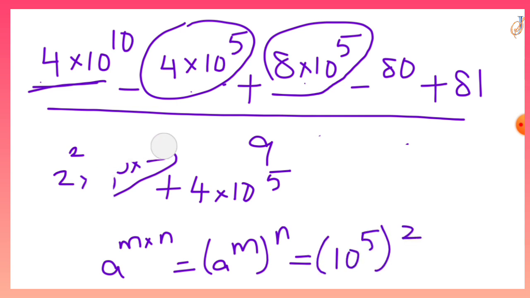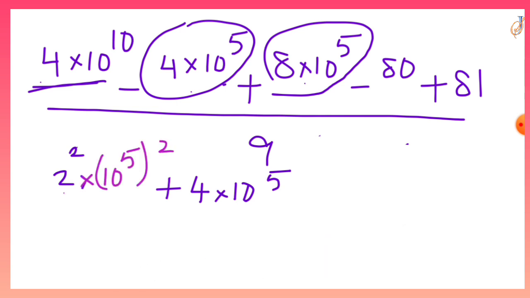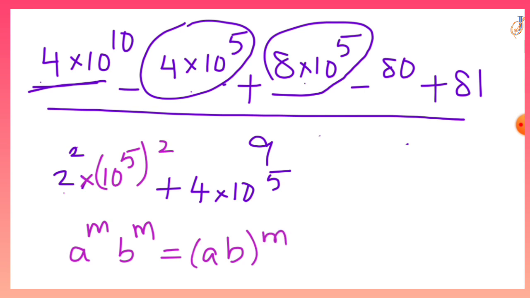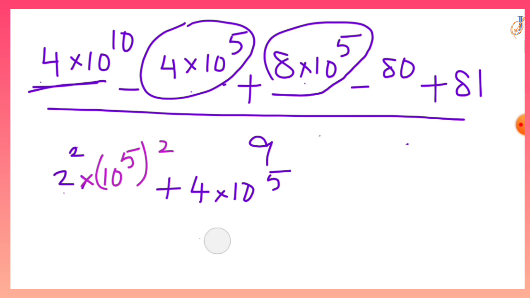Here a power 2 and here 10 power 5 whole power 2. It is in the form of a power m b power m. You can write this as ab whole power m, isn't it? Similarly here a is nothing but 2, b is nothing but 10 power 5. We can write this as a times b whole power 2.